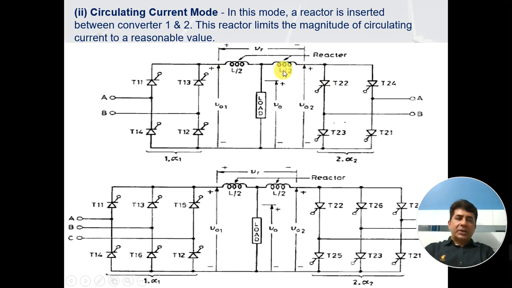This circulating current, I repeat, is avoided by these reactors because they balance out the voltage drops happening across the reactors, and they try to balance the voltages so that the voltage remains constant at the load. So these reactors are used.